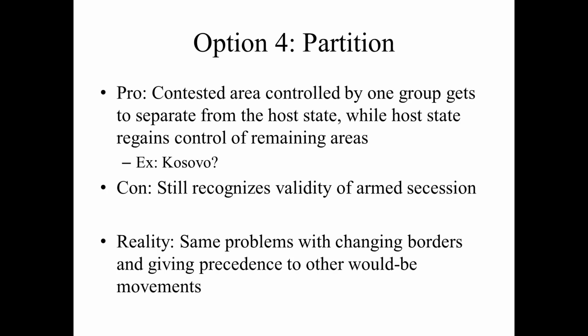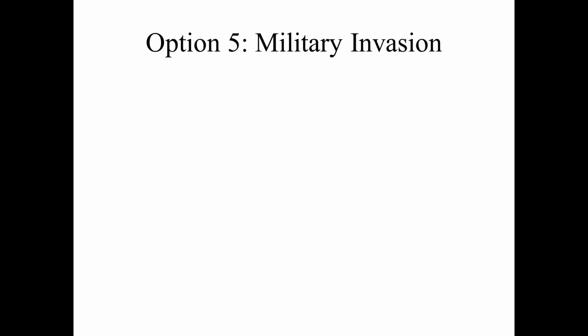This is the pattern that we really see, which is why option 5 is a bit more successful, okay? All else fails, all options have been exhausted, and you suddenly have the leverage to do so.